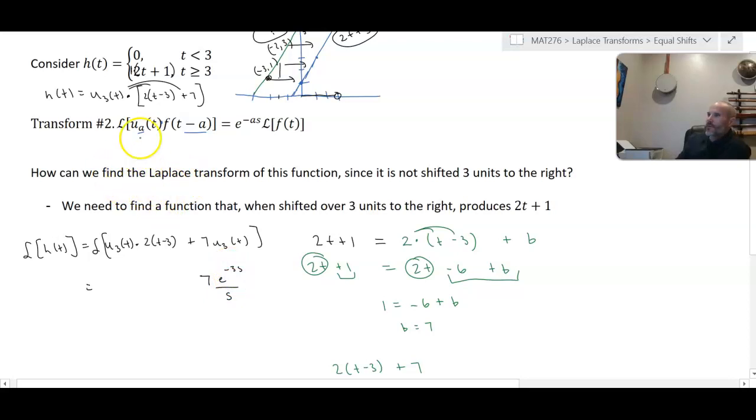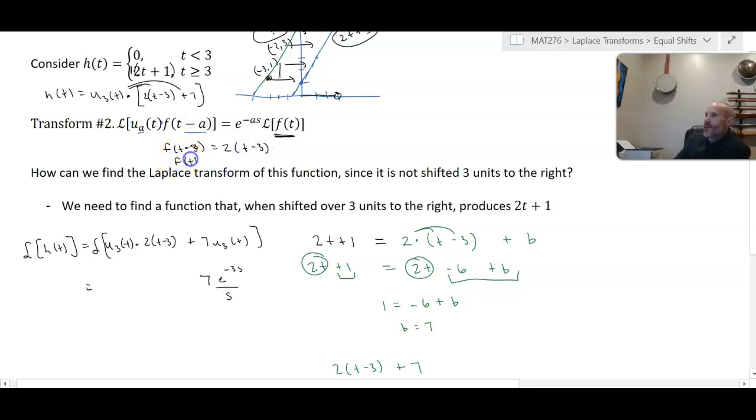But this first term now matches exactly the transform where you have a Heaviside multiplied by some function that's shifted over that same number of units as the Heaviside activates. To compute that transform, we're going to do the Laplace of f of t. In our case, we know that f of t minus 3 is 2 quantity t minus 3.